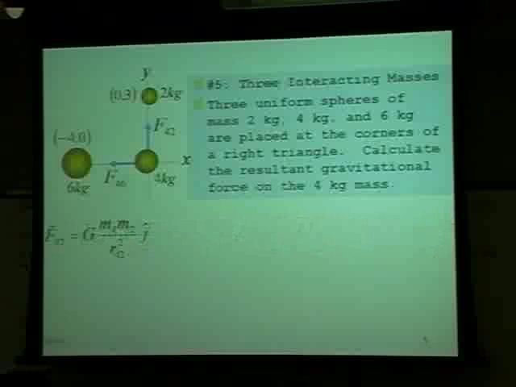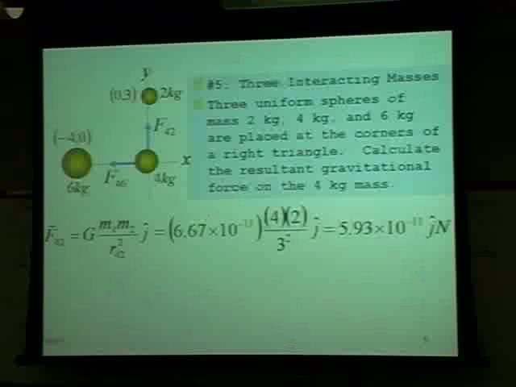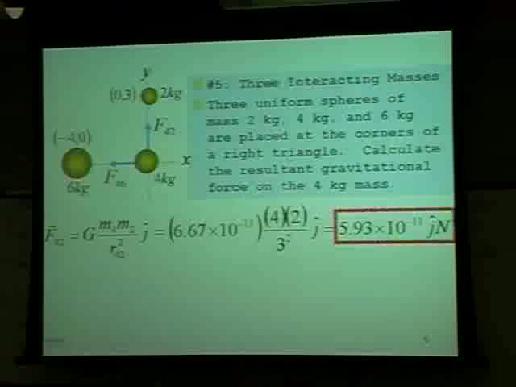So if I look at the force between the 4 and the 2, I'll have G, mass 4, mass 2, over the distance between them squared. And it looks like that force is totally in the y direction, so I'm going to give it a J unit vector. 6.67 times 10 to the minus 11, 4 kilograms times 2 kilograms over 3 meters squared gives me 5.93 times 10 to the minus 11 newtons in the J direction.